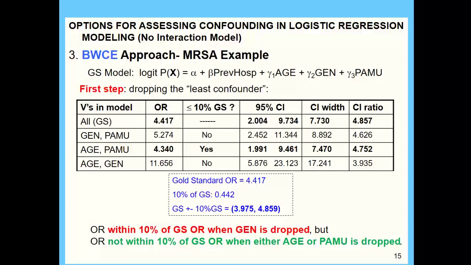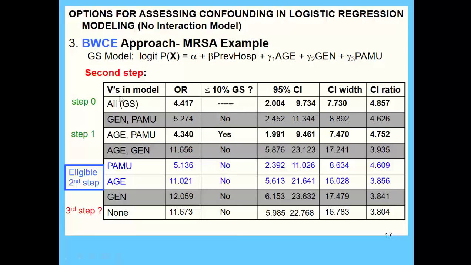This is not the most difficult thing I'm going to do today, but anyhow. Now I'm showing you another table. In this table, I've got more models, but some of the models I've shaded out. You notice this model has the V's gender and PAMU.